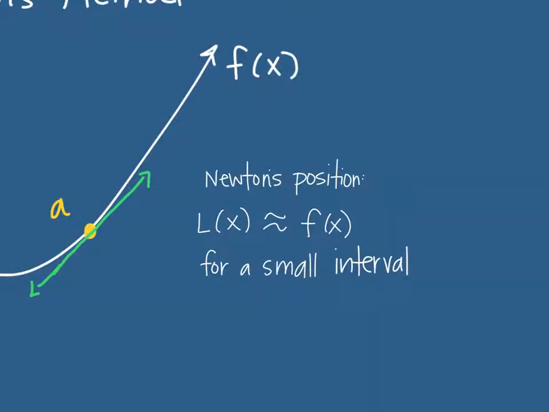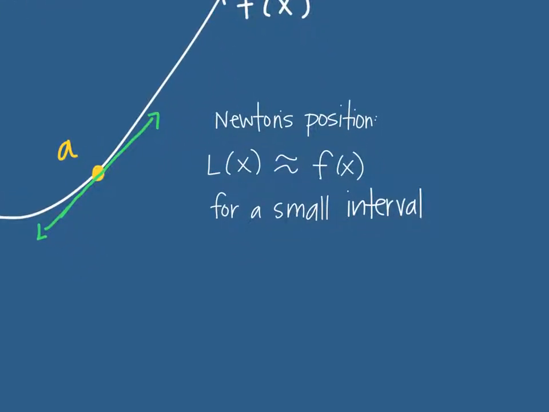And last year, we had to talk about, well, will it underestimate or will it overestimate? He would acknowledge it's going to be close enough for a small interval, but I know that it will underestimate if the concavity is positive, and it will overestimate if the concavity is negative.